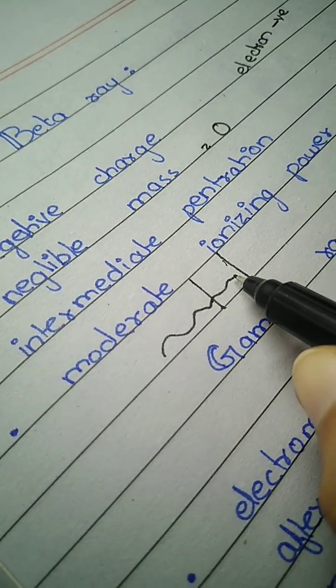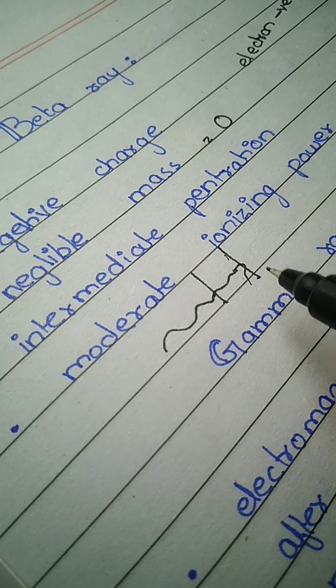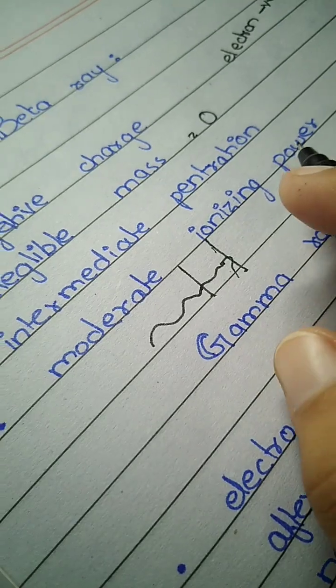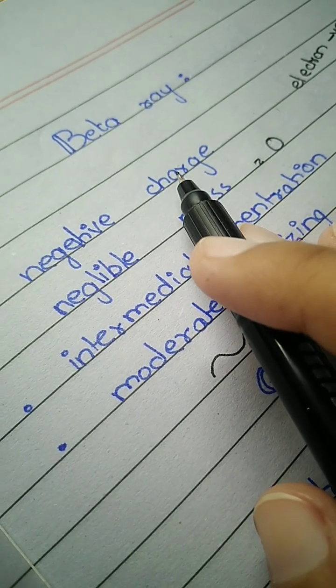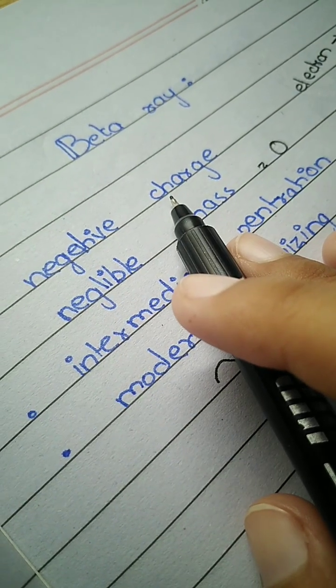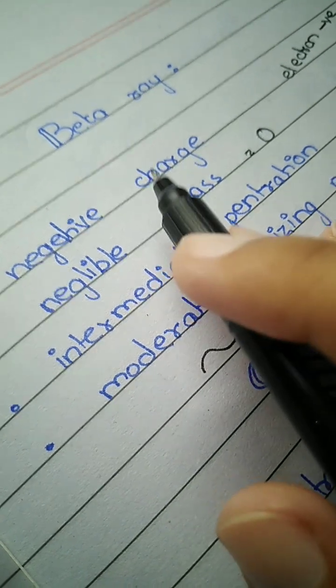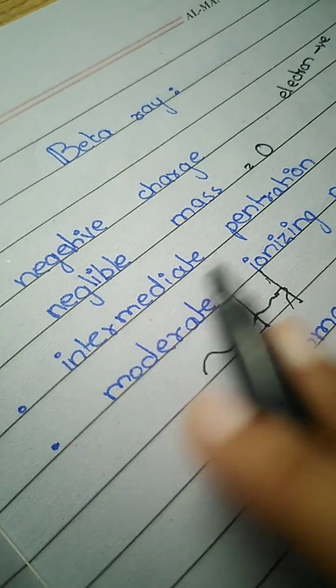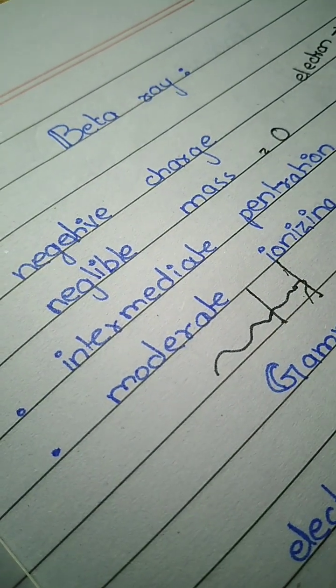It will just collide and be destroyed. It has an intermediate penetration rate. Moderate ionizing power: it has charge, it can be ionized, but less ionization will happen. That's why they are negatively charged and intermediate penetration will happen.